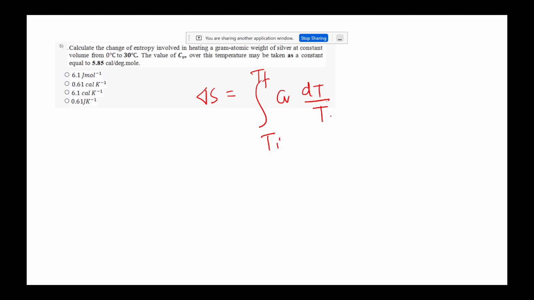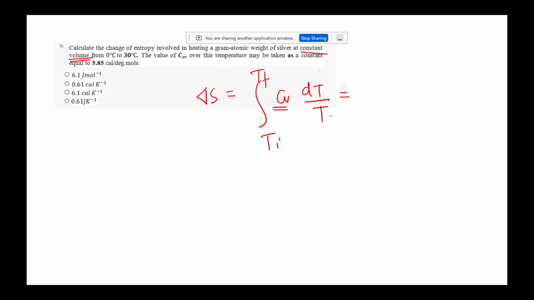Right, Sachin? Yes sir, but here Cv will come, not Cp. Cv will come here, because here it only says at constant volume, not pressure. That's why Cv. Okay.